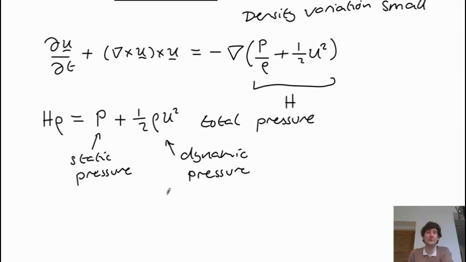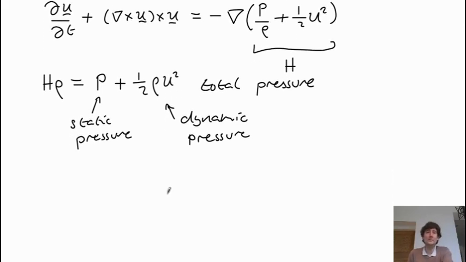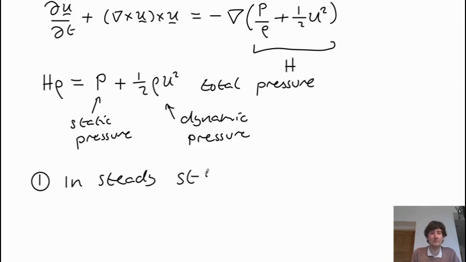And we can show that in various ways. In particular, we can look at it in steady state. So in steady state, d by dt is 0. So this first term goes to 0.